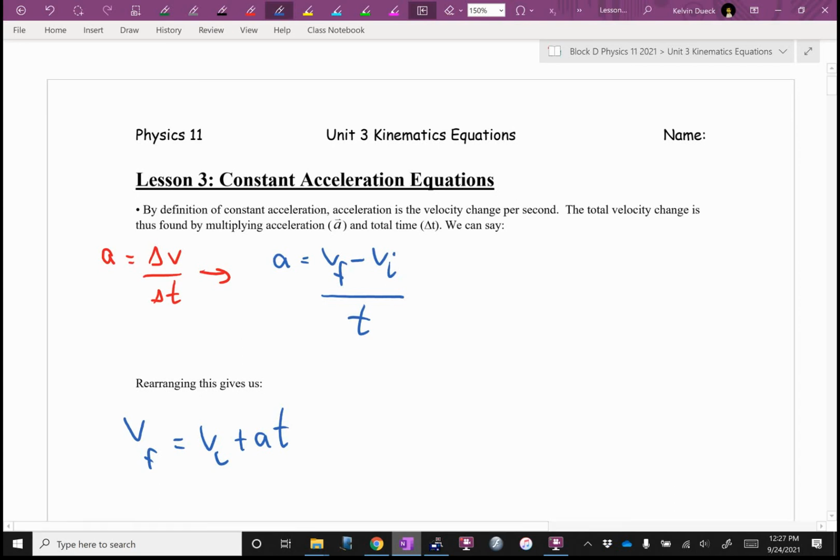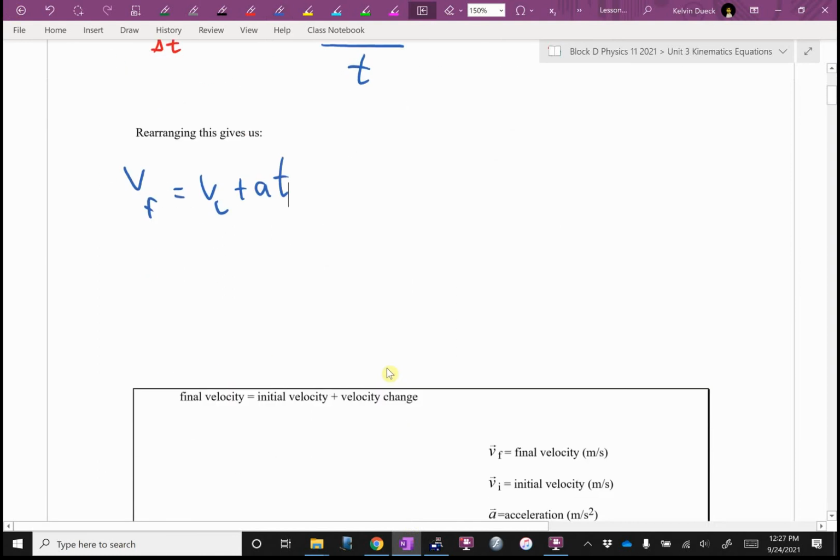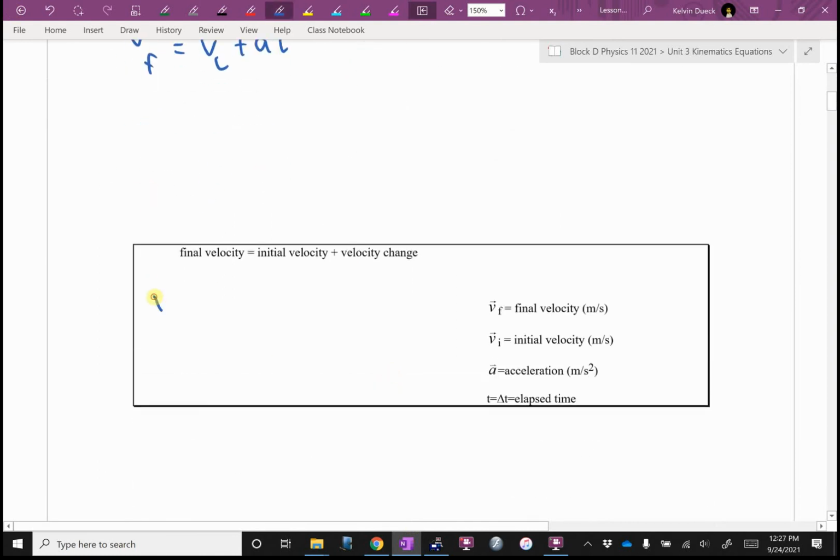On your green sheet? So now in the box, I'll write it with proper vector symbols. So first of all, speed final equals initial speed plus acceleration times time, or velocity final equals velocity initial plus AT. Typically, we'll read this as VF equals VI plus AT.